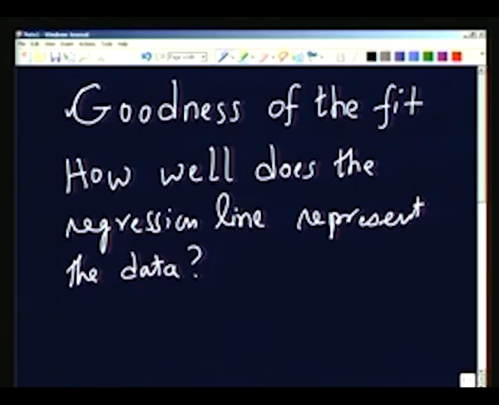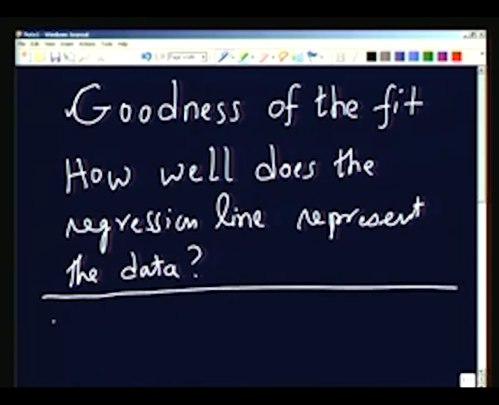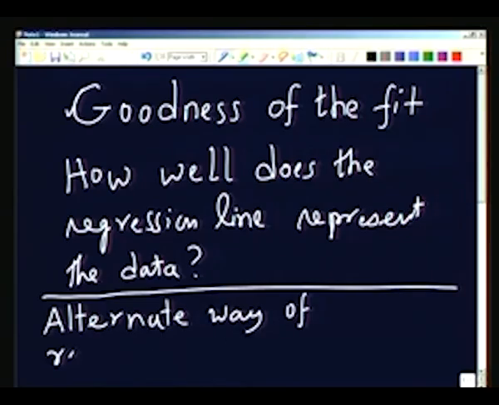So for this, what I am going to do is I am going to look at an alternate way of representing the data. What is this alternate way? Let us look at that.